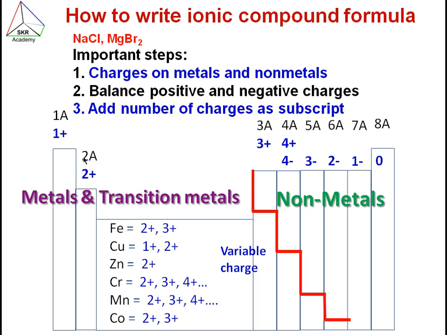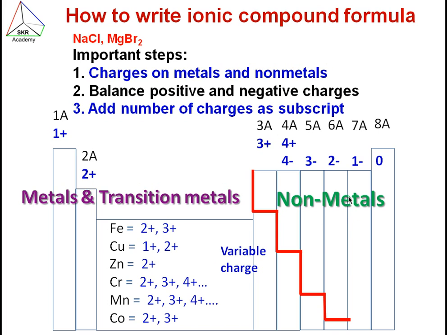The second group, 2A, has a 2 plus charge, and likewise for 3A to 7A the charges go from positive to negative. The 8A group is the noble gases, and they don't have any charge, so they don't react.